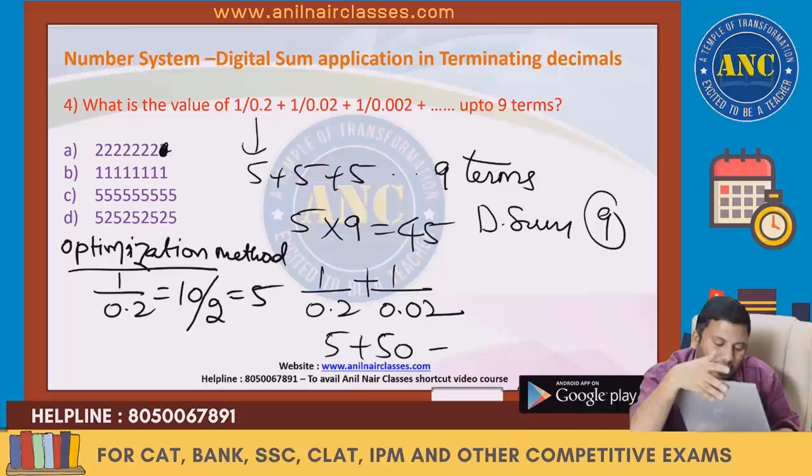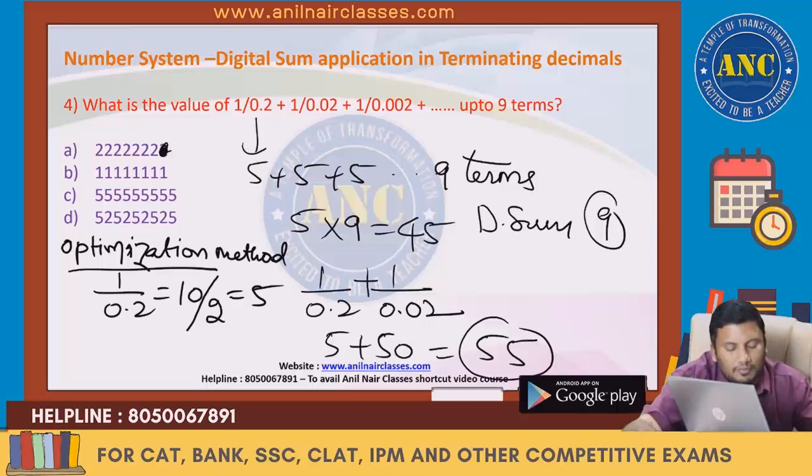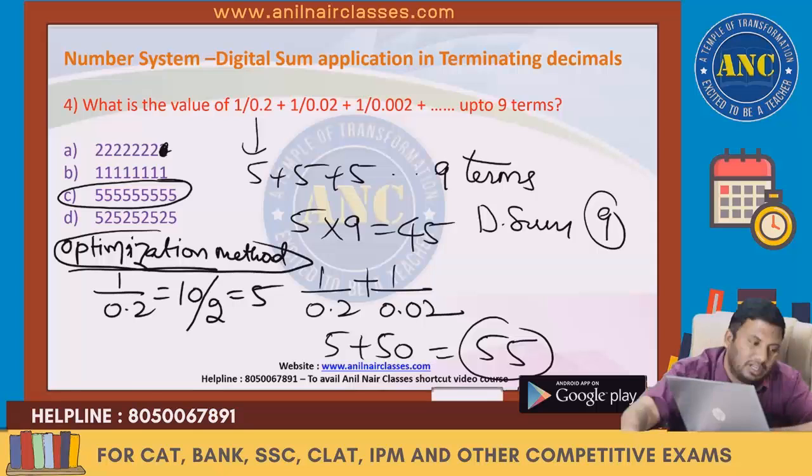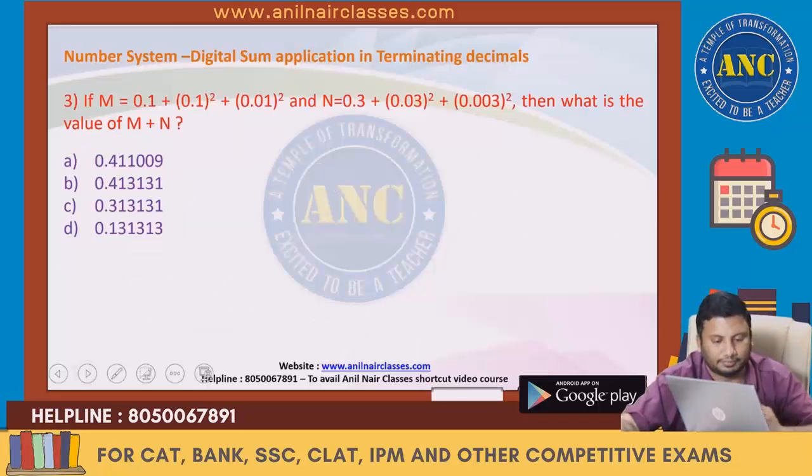If I take one number, I got 5. Two numbers, I got 2 5s. Three numbers, 3 5s. Nine numbers, 5 9s. Are you all with me? Optimization method: if more than one answer option has the same digital sum, use the optimization method.